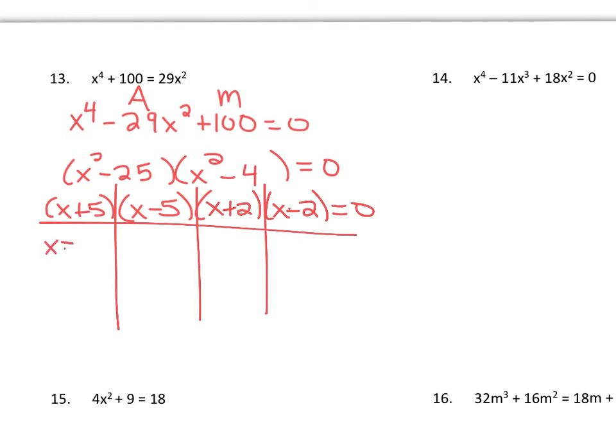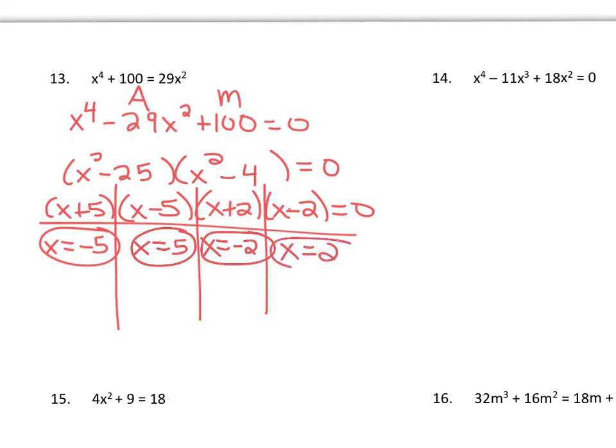Here, I get x equals -5, because my solution is going to have the opposite sign of my factor. Here I'm going to have x equals +5, x equals -2, and for my last x, we get x equals +2. So we have 4 answers, which, since the biggest exponent was a 4, we were thinking that was probably how many we were going to have, unless there was some repetitive answer, which there's not.